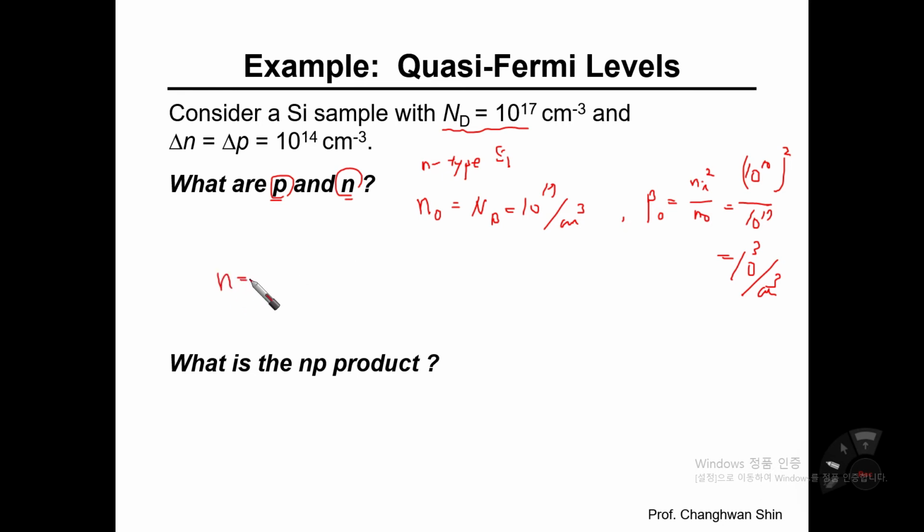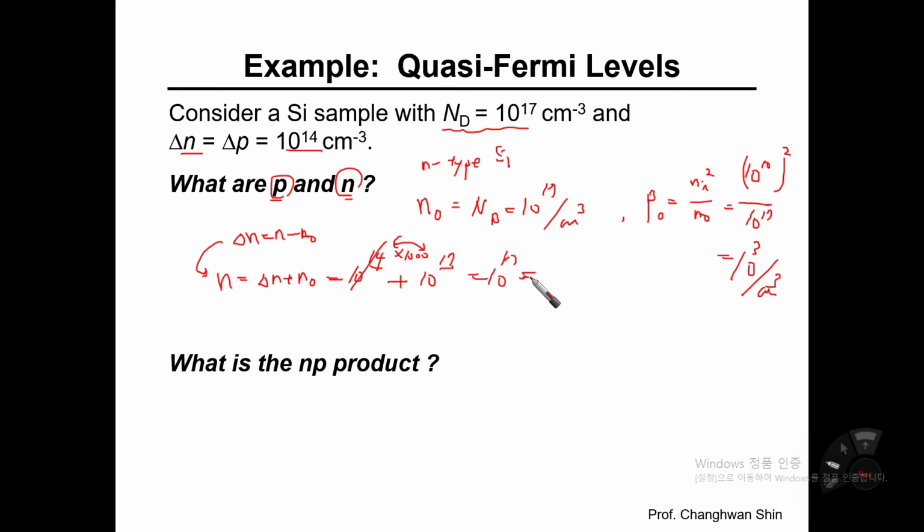So n is equal to what? Delta n plus n naught, because delta n is defined as n minus n naught, so we get n is delta n plus n naught. Delta n is given as 10^14, and n naught is 10^17. Because the difference is a factor of 1000, we can ignore delta n.